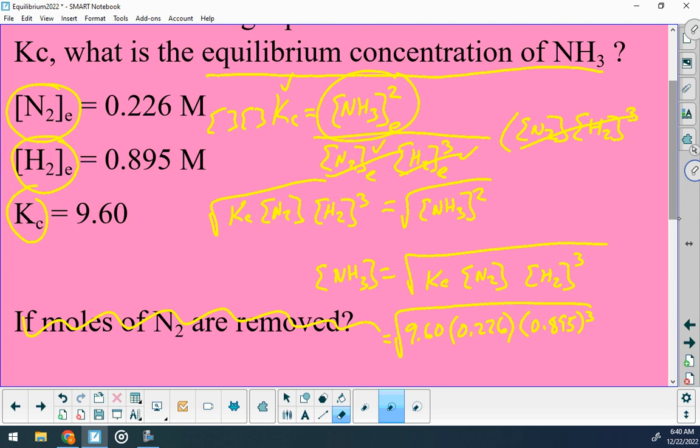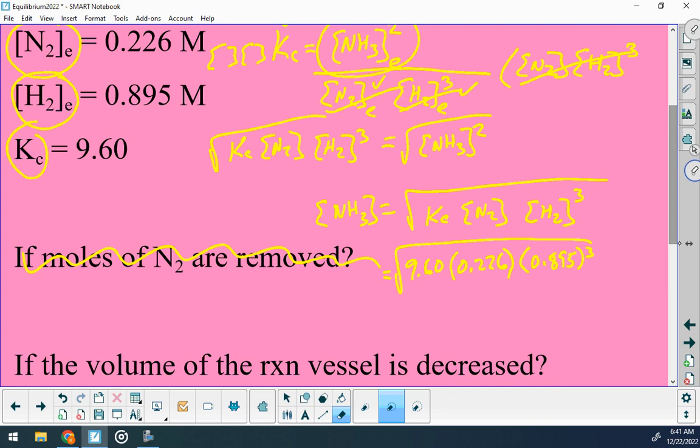We're going to take the square root of 9.6 times 0.226 times 0.895 cubed. And what do I get? I get a value equal to 1.25.